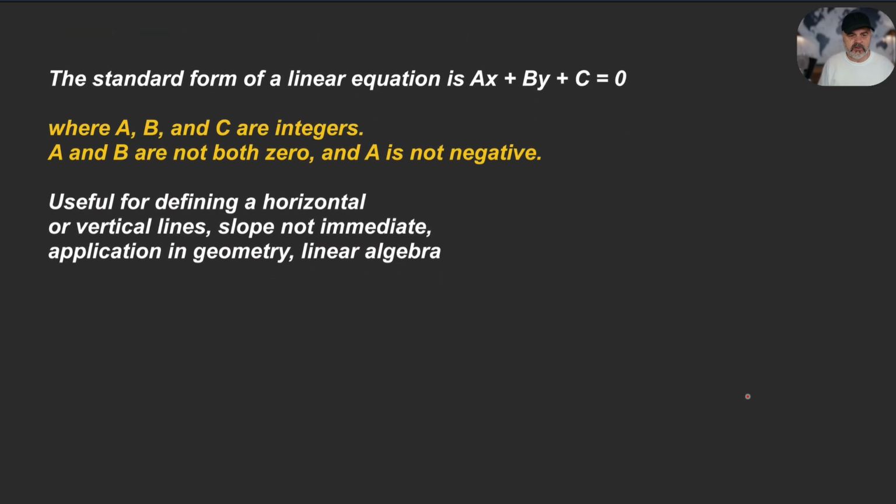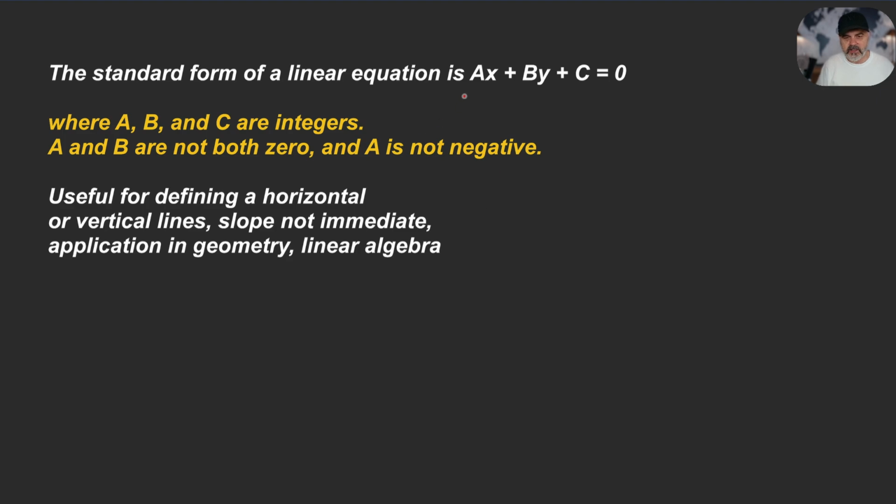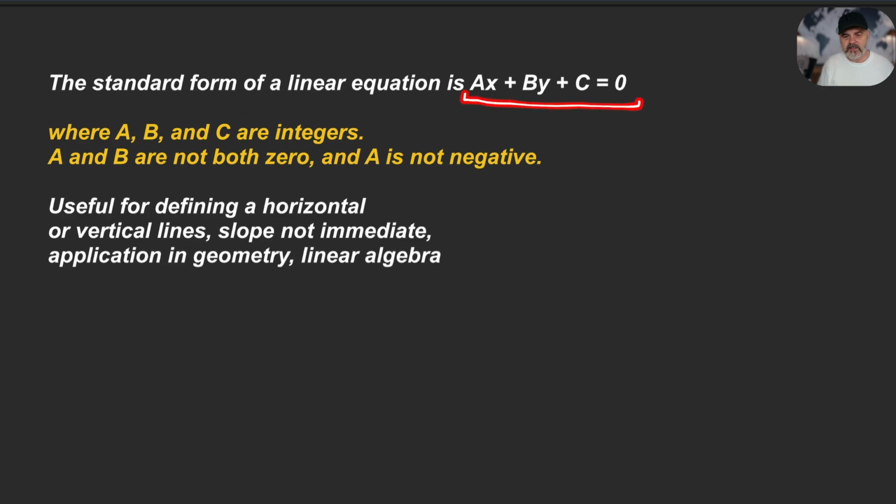The standard form that you're already familiar with is a beautiful form that is used in word problems, solving systems of equations, and it's also very practical when it comes to identifying a vertical or a horizontal line that comes with an equation, right?